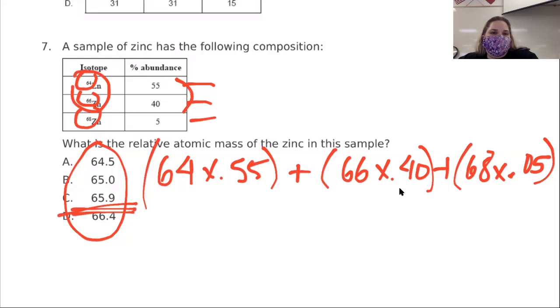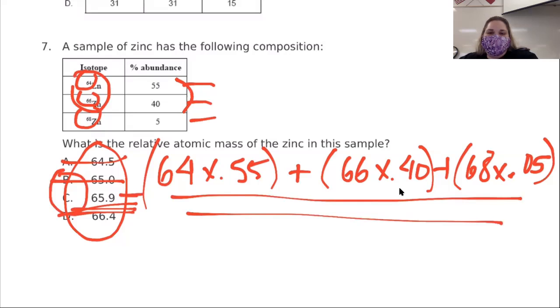And it wouldn't be 64.5 because the 66 would be influencing it too much. And it probably wouldn't be right in between them either, because that's right halfway in between, and we have that 5% that's 68. So it's probably either B or C. I'm leaning more towards C. I'd have to do the calculation to actually figure it out. But they would probably be more likely to give you an answer choice that you'd have to look at what the setup is, like this one.